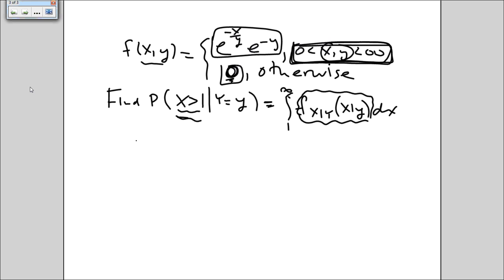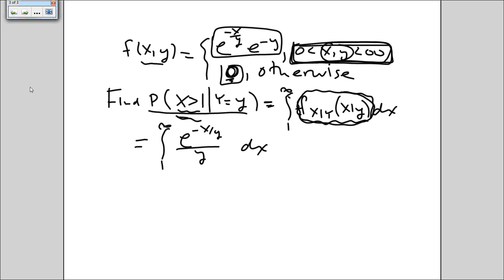So this is the probability that x is bigger than 1, given that y equals y, is equal to the integral from 1 to infinity of this, which we just put a lot of energy into finding out. It's e to the negative x over y divided by y dx.